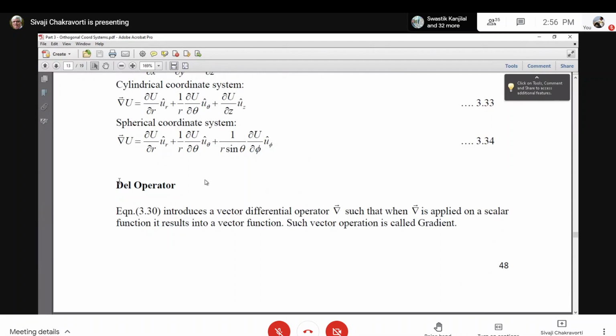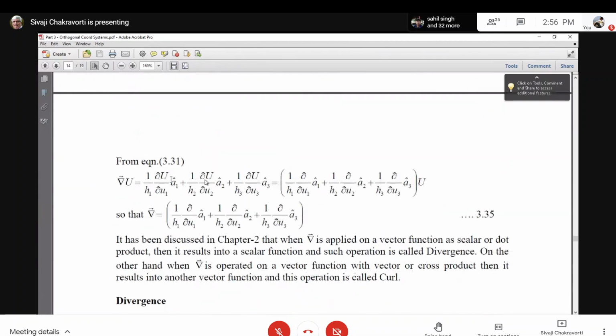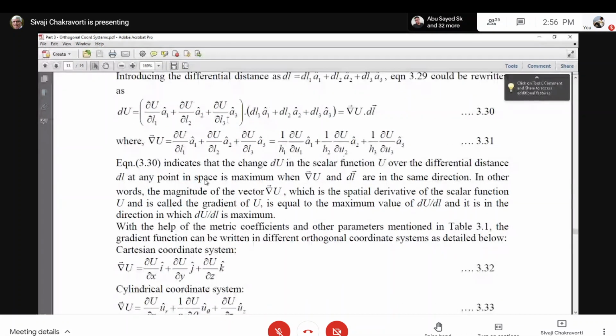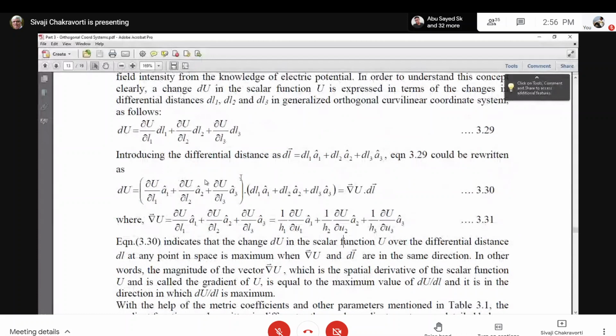Coming to the del operator, because this is a vector operator, go back here, you can see the del operator. This first one, dl1 a1, dl2 a2, dl3 a3, is equation 3.30, the first quantity within the parenthesis.